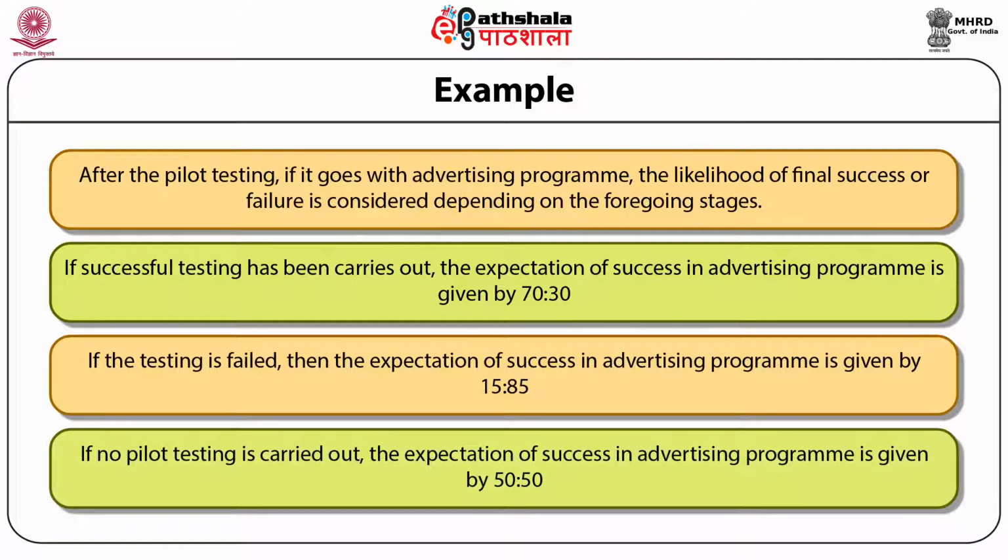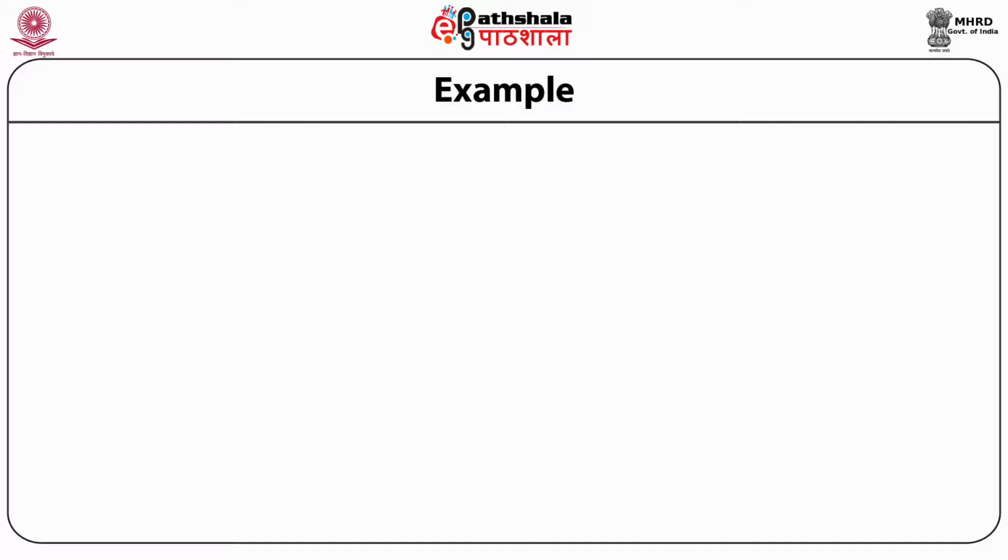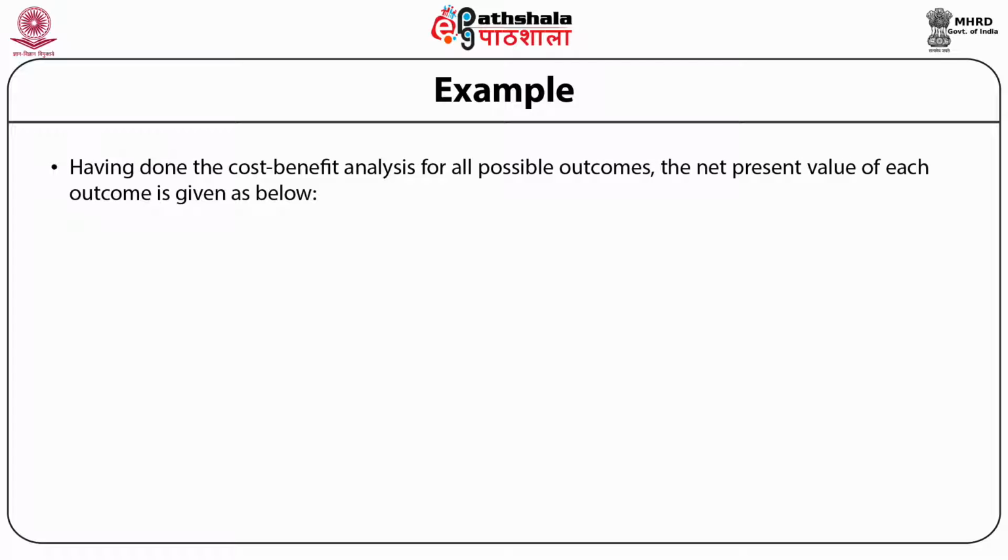If no pilot testing is carried out, the expectation of success in the advertising program is given by 50-50. So after we have completed the cost benefit analysis for all possible outcomes, the net present value of each outcome is directly given to you as below.